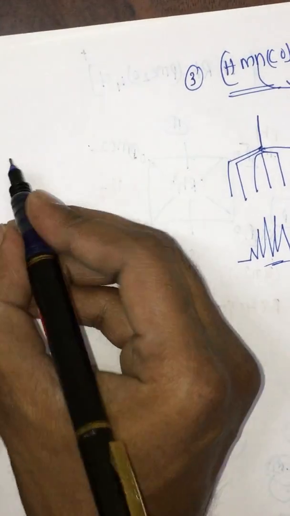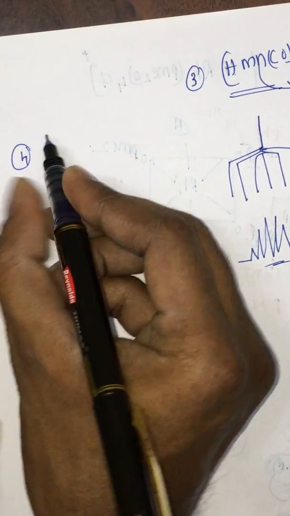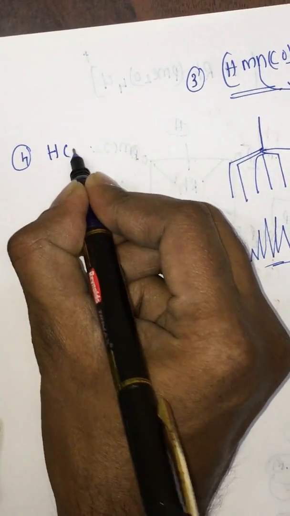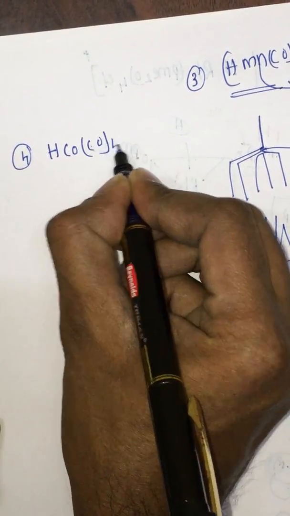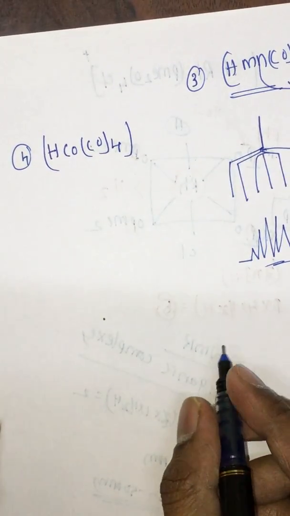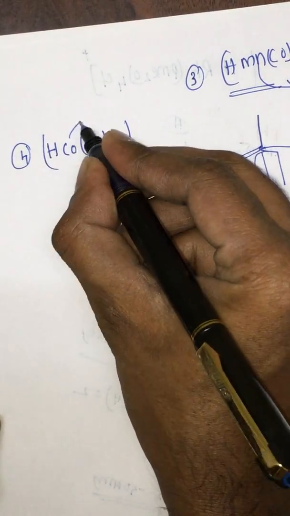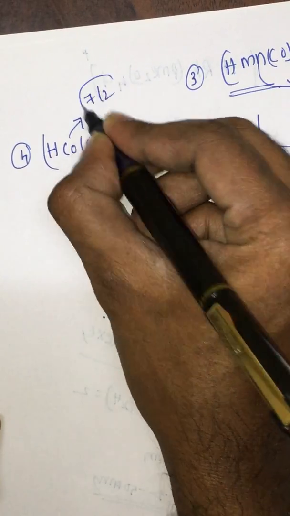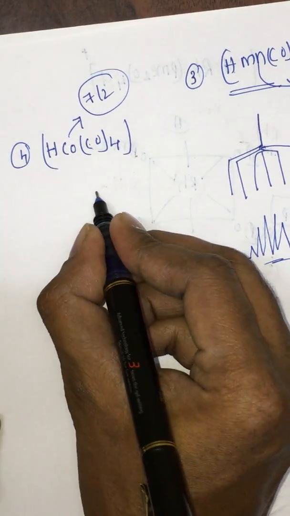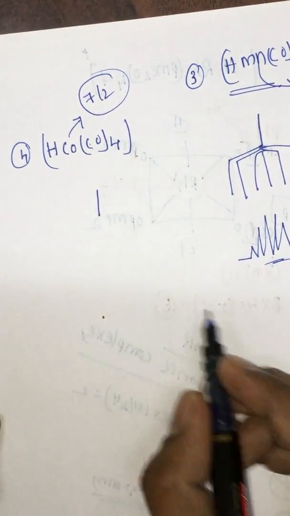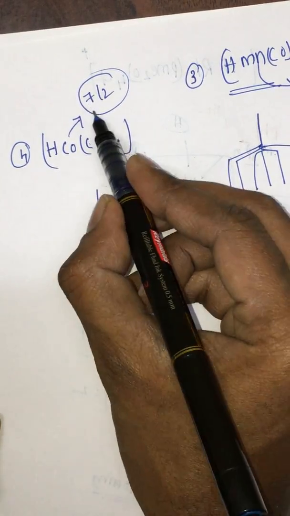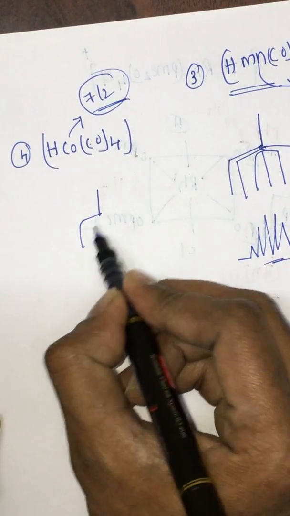And we have the fourth example, that is HCoCO4. The spin of cobalt is 7/2 here. So we'll get a single line for hydrogen, and since it couples with 7/2 spin, we'll get an 8-line signal here.